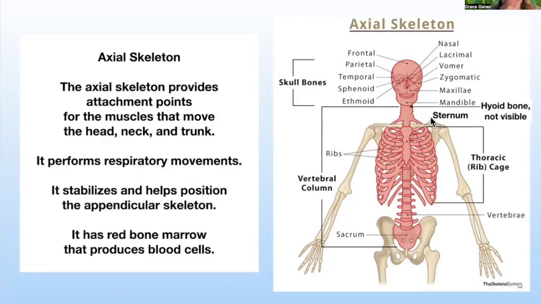The axial skeleton provides attachment points for the muscles that move the head, neck, and trunk. It performs respiratory movements. We'll learn all about that in the respiratory system. It stabilizes and helps position the appendicular skeleton. It has red bone marrow that produces blood cells. And if you remember your prior lecture, these are all bones that were described as having red bone marrow in them.